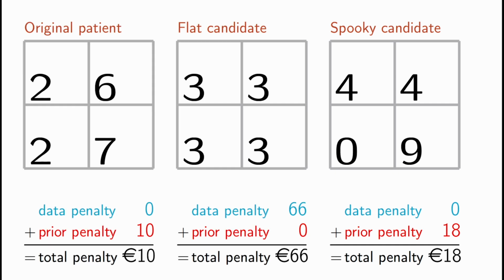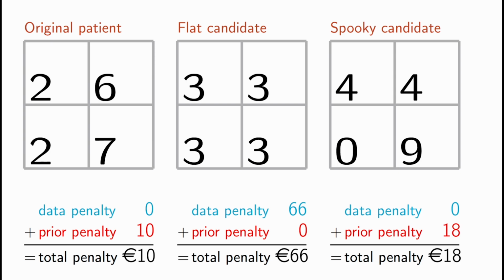So we see that the original target has the smallest penalty out of these 3, which is a good sign. The flat candidate looks like tissue, but fails the data penalty. And the spooky candidate cannot fool TV regularization. It has bigger penalty than the original. But in practice, we don't have 3 candidates.